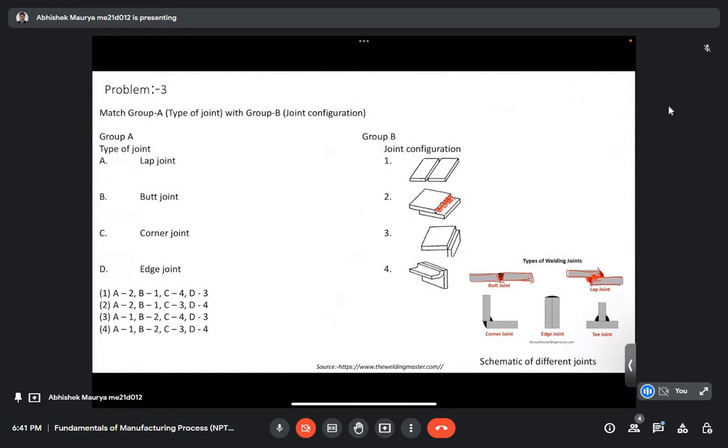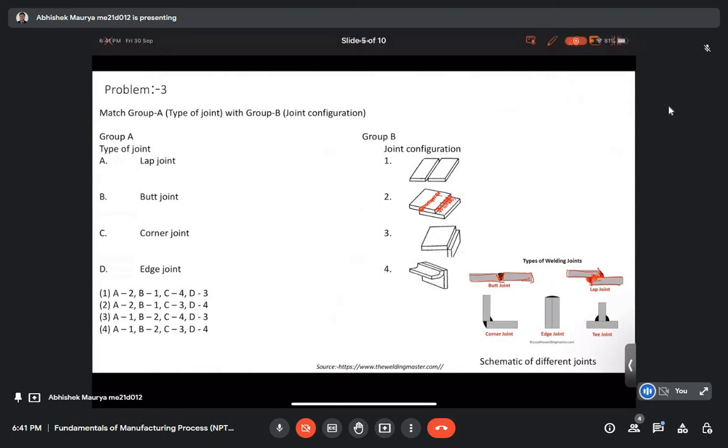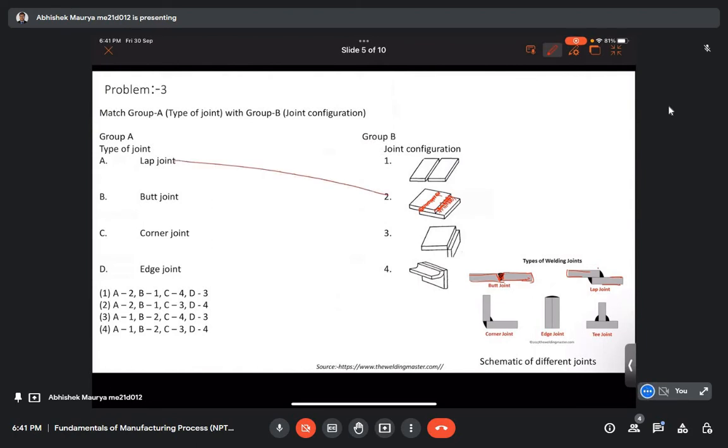Similarly, if you see the back side, there will be another set of welding material deposited between these two plates. So if we cut this and look at the cross-sectional view, it will look something like this, similar to the lap joint. So this one is the correct match for the lap joint.